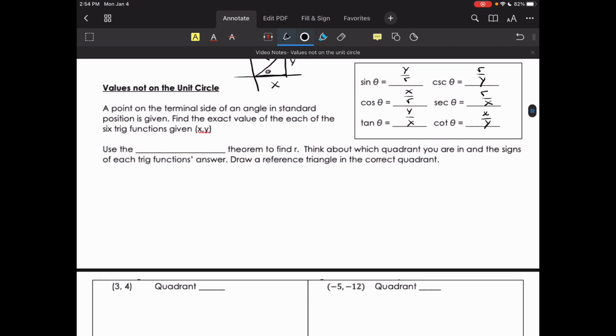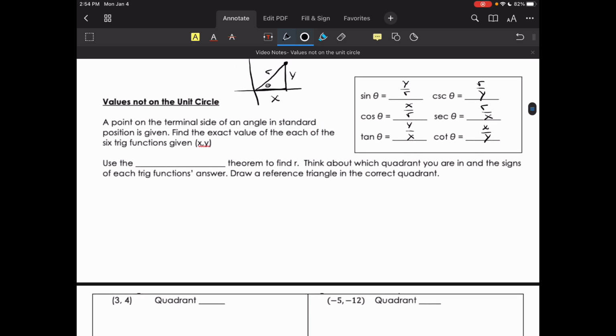Now, sometimes when we're not given one of the trig functions, we're just given the ordered pair, we're going to have to use the Pythagorean theorem. And instead of a, b, and c, we're going to use x, y, and r.